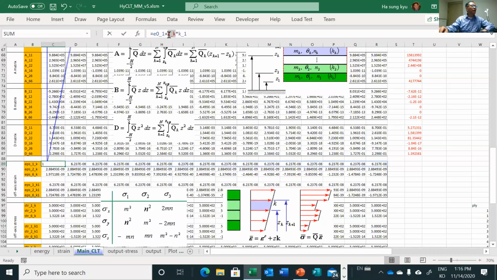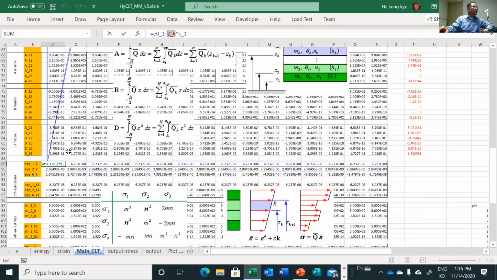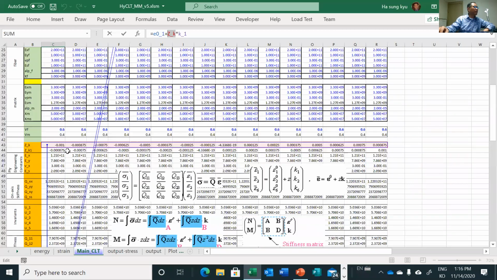Importantly, this is the position, or height, from the central axis to that ply, and ZK has already been calculated from here.